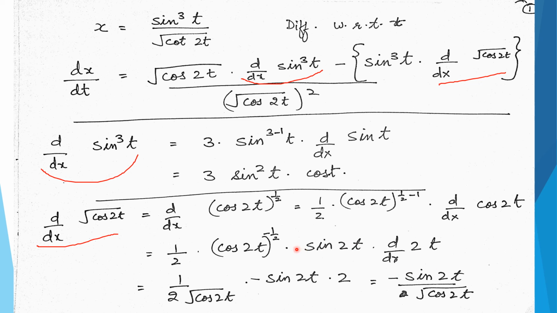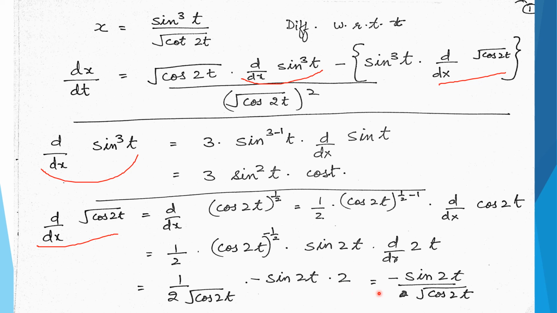Here minus is to come in the beginning. In the next phrase, I have written 1 upon 2. This cos 2t power minus 1 upon 2 will go in the denominator, because here the power is minus 1 upon 2. So you will write 1 upon 2 under root of cos 2t. This is minus sine 2t, multiplied by the derivative of 2t, which will only be 2.